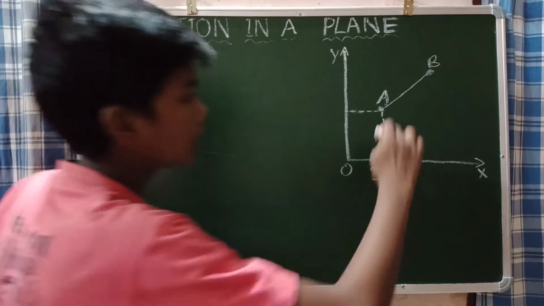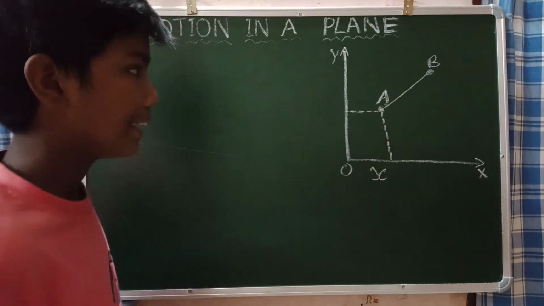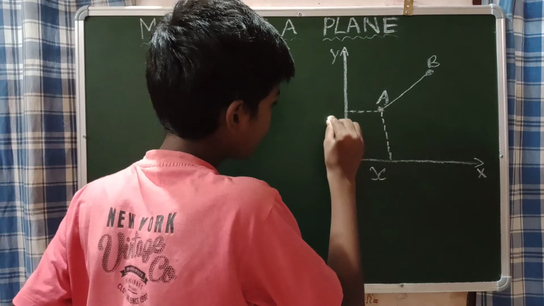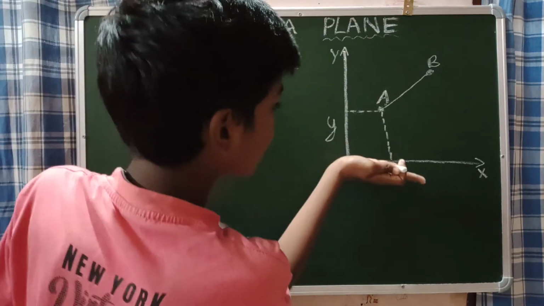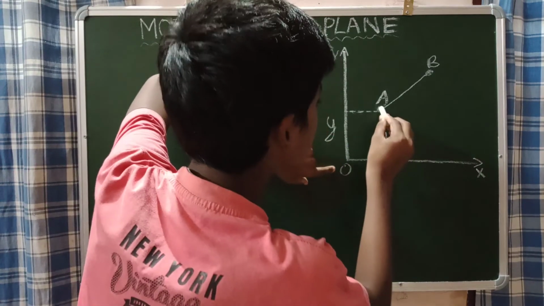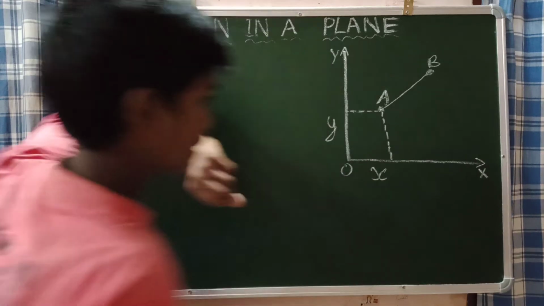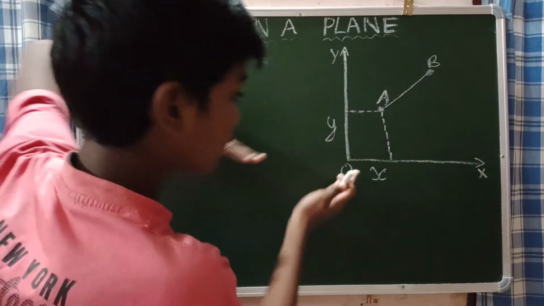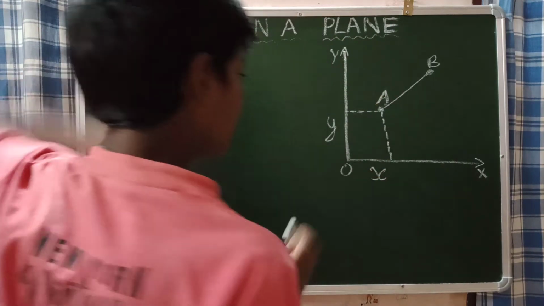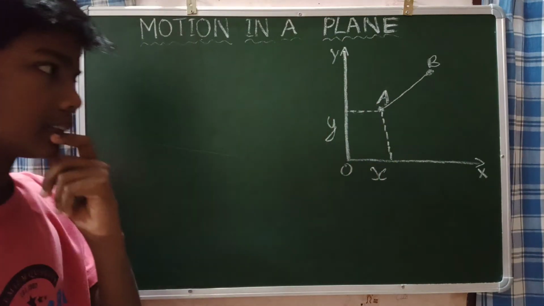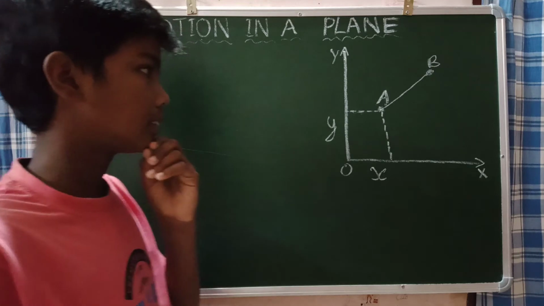And the y coordinate of this position A is y. That means from the origin to this position A, the x coordinate is x, and from origin to this position A, this is y. These are the x and the y coordinates that you have learned in the lower standards.